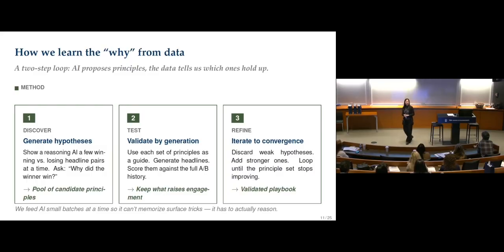The logic is, if following the hypotheses we insert in the prompt indeed improves the overall click-through rate or performance, that means the knowledge is helpful. So we use the quality of generated headlines to represent the quality of the knowledge. Then we iterate this process, because every time we propose some change to the knowledge block by inserting some new hypothesis or throwing away some hypothesis. This is the iterative optimization approach.